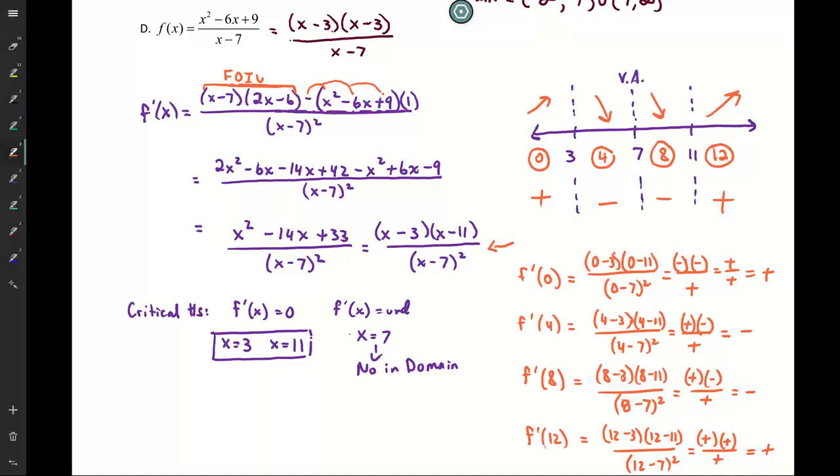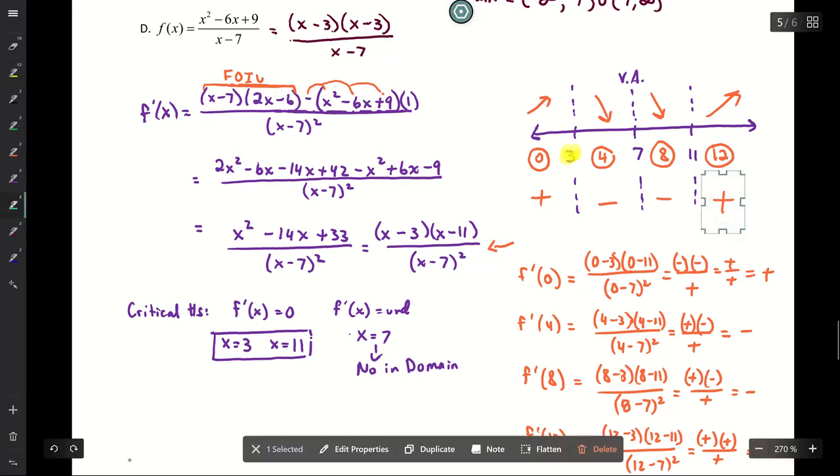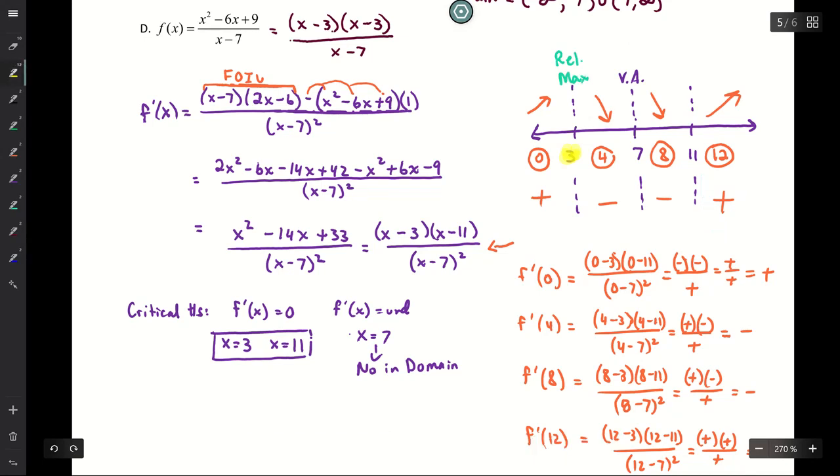Before I go down to the final answers, we can see that we've got a couple of relative extrema. At the critical number 3, we go from increasing to decreasing, so that's going to be a relative maximum. And over here at the critical number of 11, you see us going from decreasing to increasing. So that's going to be a relative minimum.